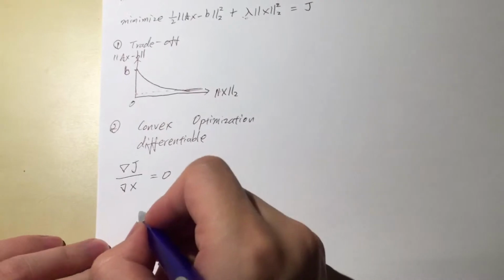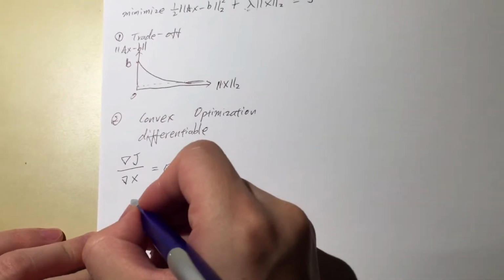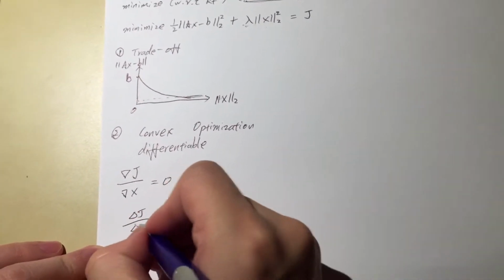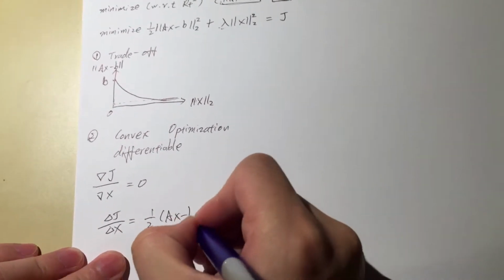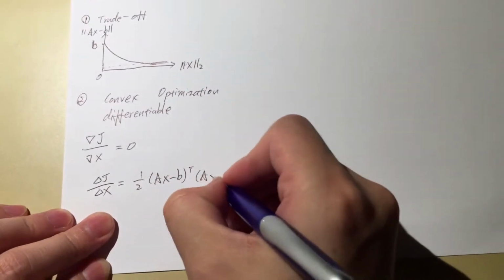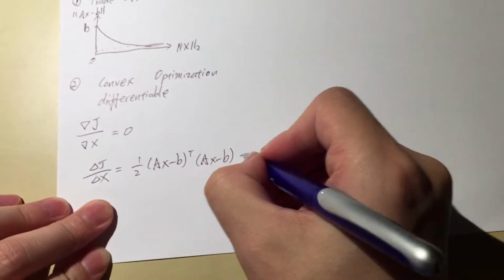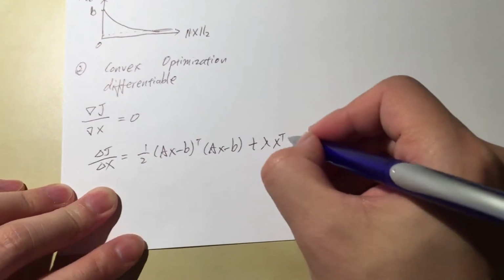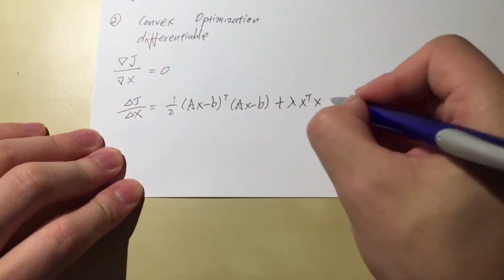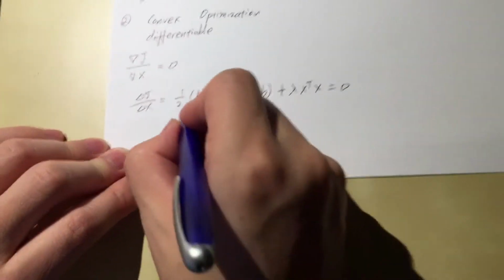So what we get will be, let me write it down, (Ax minus b) transpose (Ax minus b) plus lambda x transpose x equals 0.